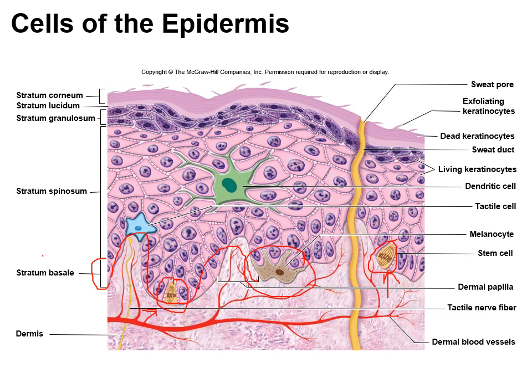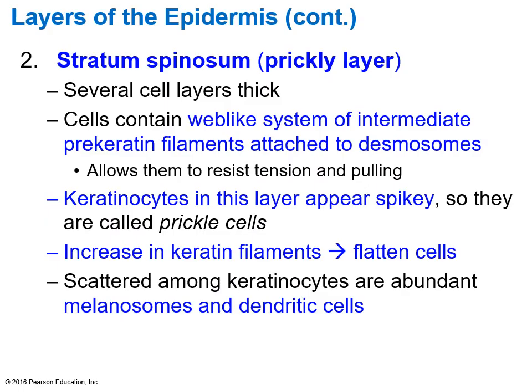Next, we're going to go to the stratum spinosum, and the stratum spinosum is named because of the morphological change that we see happening within our keratinocytes. So as the keratinocytes leave the basal layer and they start moving upwards, we see that in the stratum spinosum, they'll have several layers of cells to work through, that they'll start making interlocking filament attachments through their anchoring or desmosome junction.